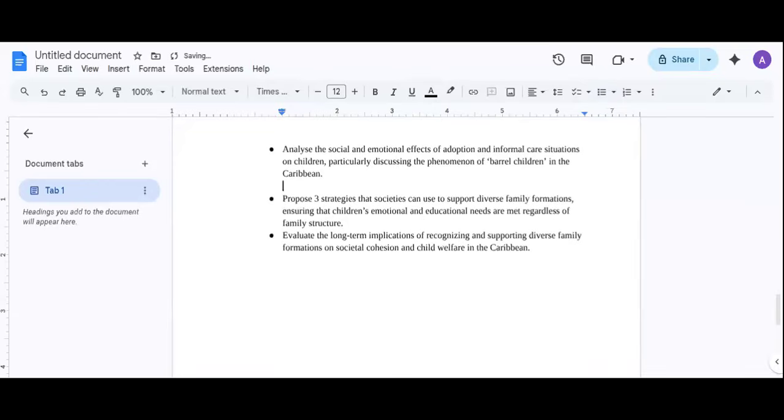So one time you need to remember or think about what is barrel children, because in your analysis they want you to mention or include barrel children.